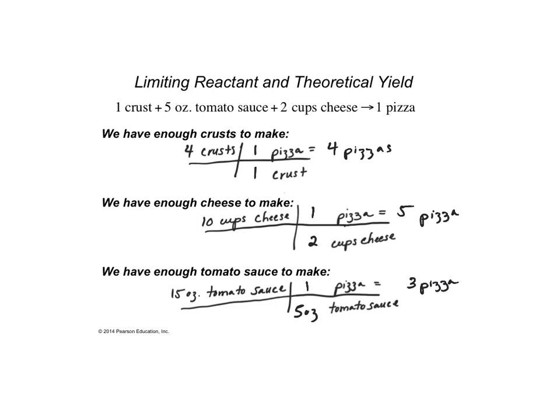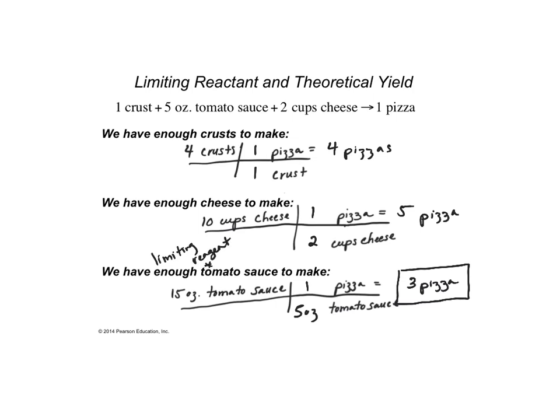So given these 3 different starting materials, how many pizzas can we make? 3, right? Once we make 3, we have run out of tomato sauce. And so even though we have excess of the other 2 ingredients, we're limited by our tomato sauce, so we can only make 3 pizzas, okay? In this reaction, this guy is what is called the limiting reagent.